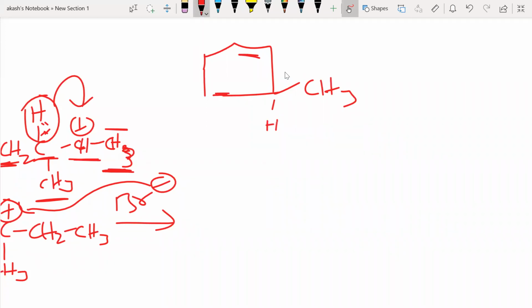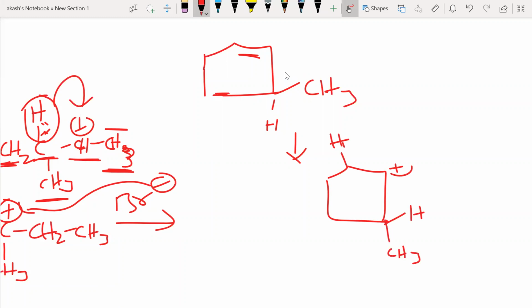So again, when this pi bond breaks, I am going to have this kind of carbocation getting formed. Say now the carbocation is here, and assume that a new hydrogen was added to this. So now what can happen? I have an H and a CH3. This is the carbon atom, and the next carbon atom is again having a hydrogen, right? So this H minus can shift to this.